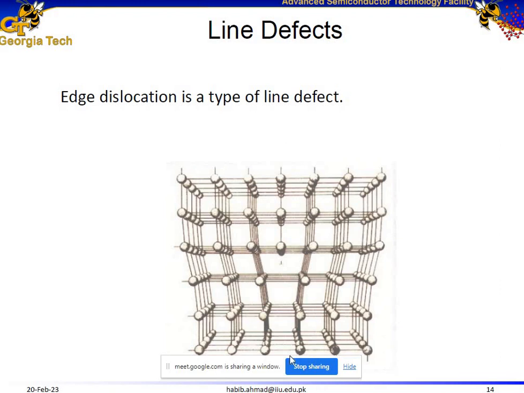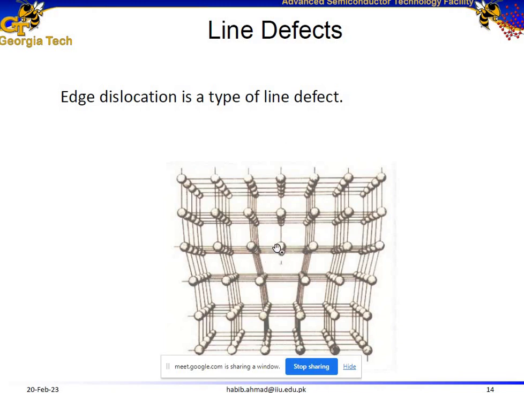If this is the starting point of the growth, then you start depositing more atoms over here, then you start depositing more atoms over here. So up to this point you see a pattern. You see lines, periodic arrangement of lines in the vertical direction and also in the horizontal direction.